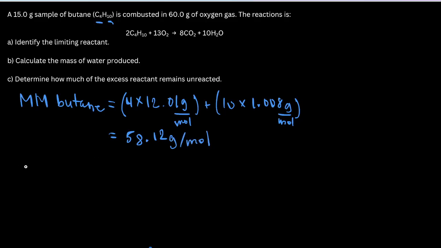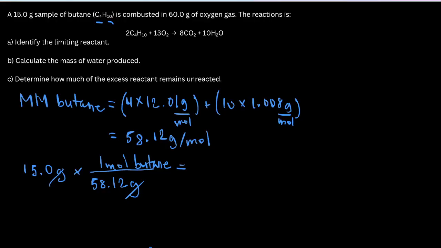Given that we're reacting 15 grams of butane, and we have our molar mass to be 58.12 grams per 1 mole of butane, we can simply cancel out our grams, giving us an answer in units of moles of butane.